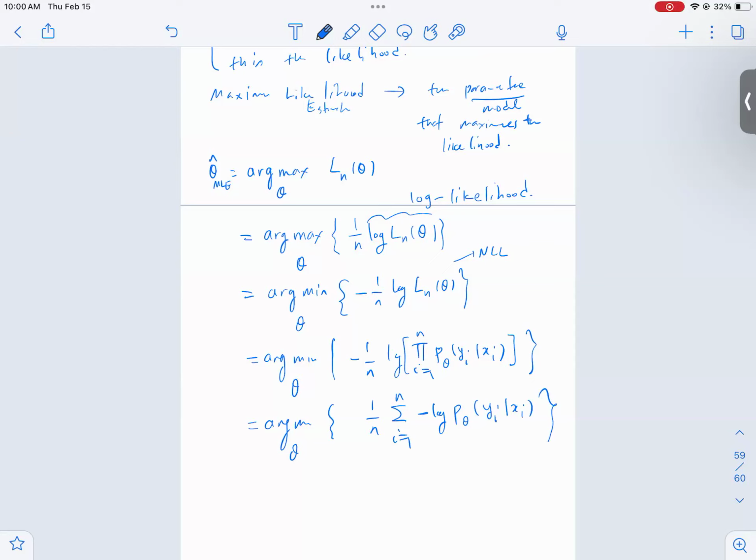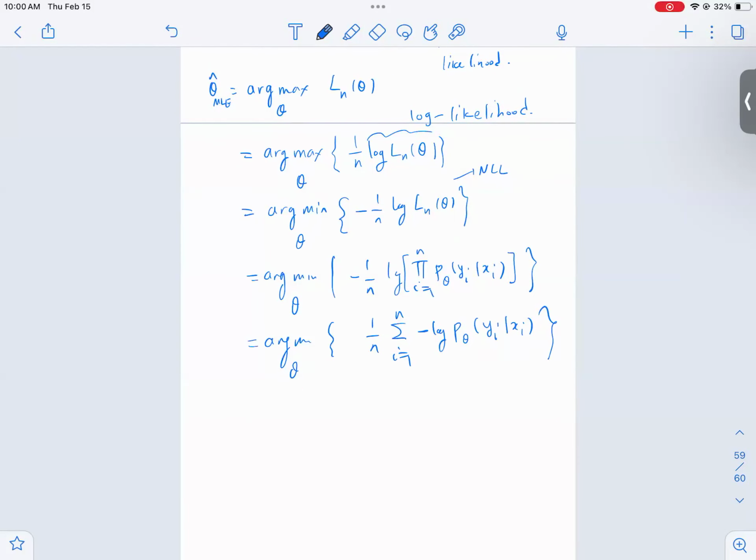Now this very much looks like ERM. So this is 1 over n, an empirical average of these quantities. So this is really a loss between yi and my parameter theta, or whatever you want to call it. It's hard to write, but it has this interpretation of a loss.